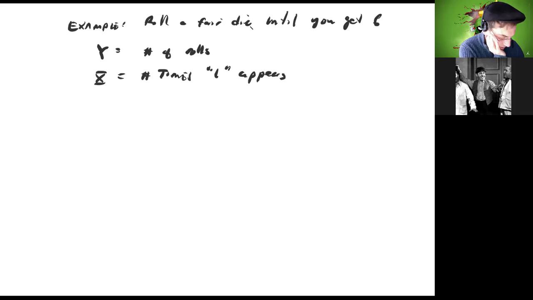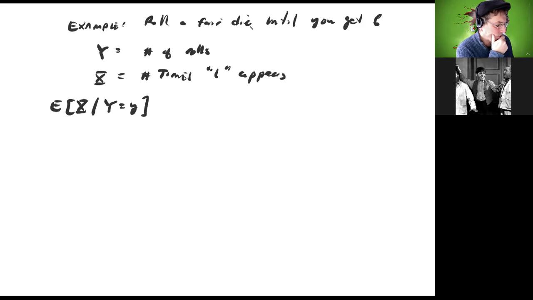And then I want to compute the conditional expectation of x given that y equals y. Okay, so let's think about what this means. So what is y equals y? This is an event.